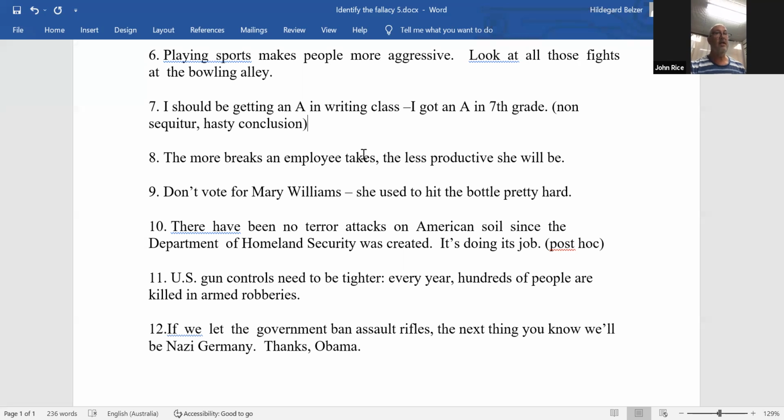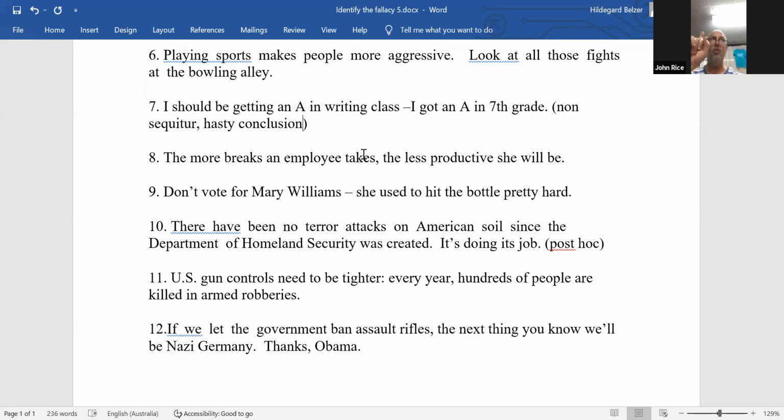Induction is what we do in science when we observe reality and we see lots of cases of something, and then we form a general rule. So we go from the particular, like I got many, many A's, and the more A's you get, the more likely it is you'll get another one, because the more probable it is that we can induce the general rule that that person's got a certain amount of intelligence.